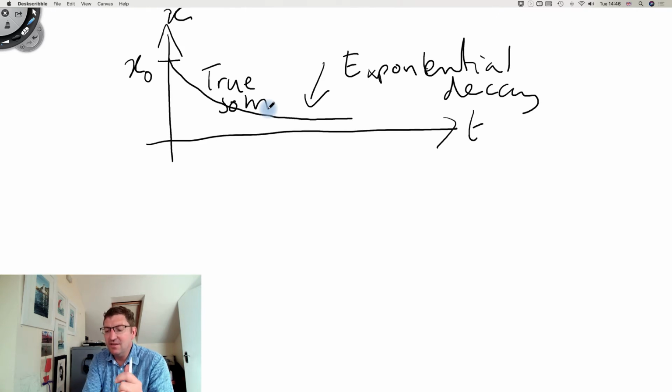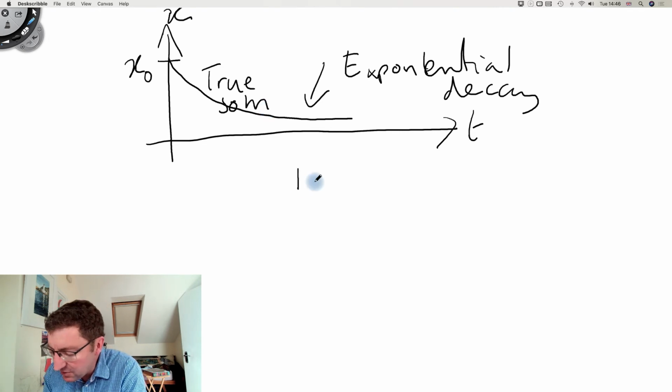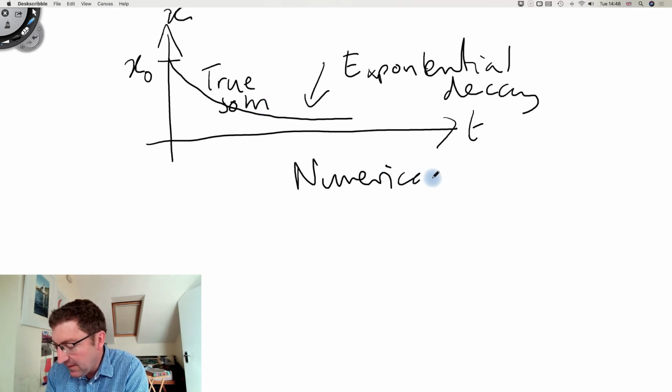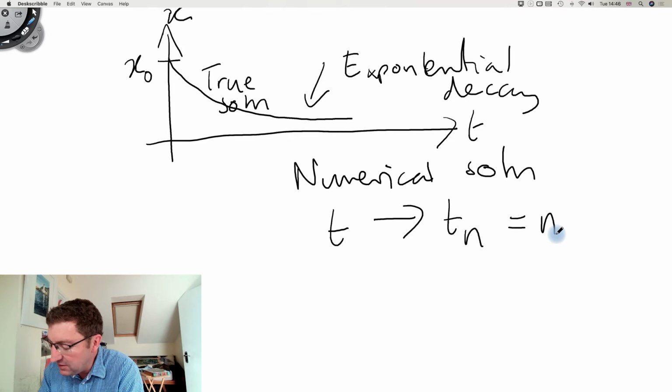So we're going to look at cases where the numerical solution follows the true solution, and cases where it doesn't. For the numerical solution, our time variable then goes to a discrete value of time, n delta t, where n is a positive integer.